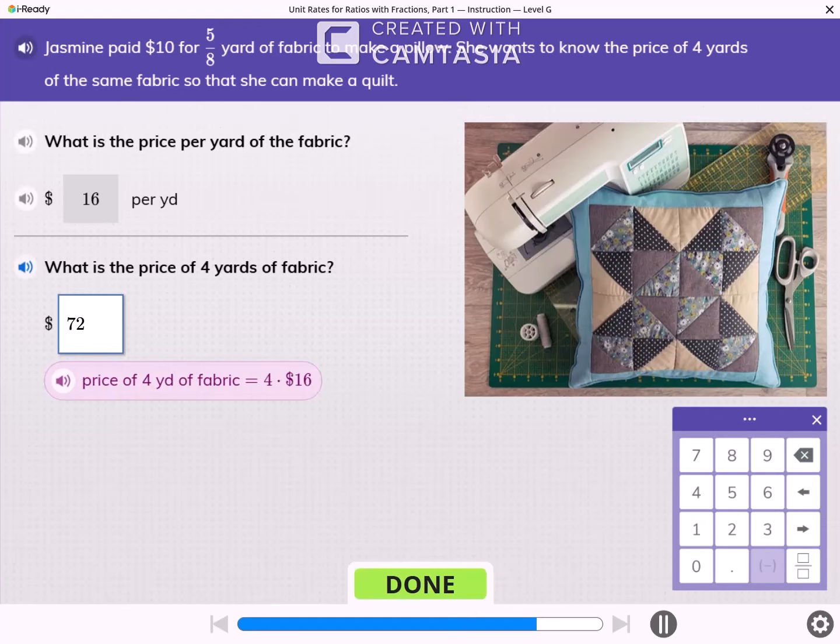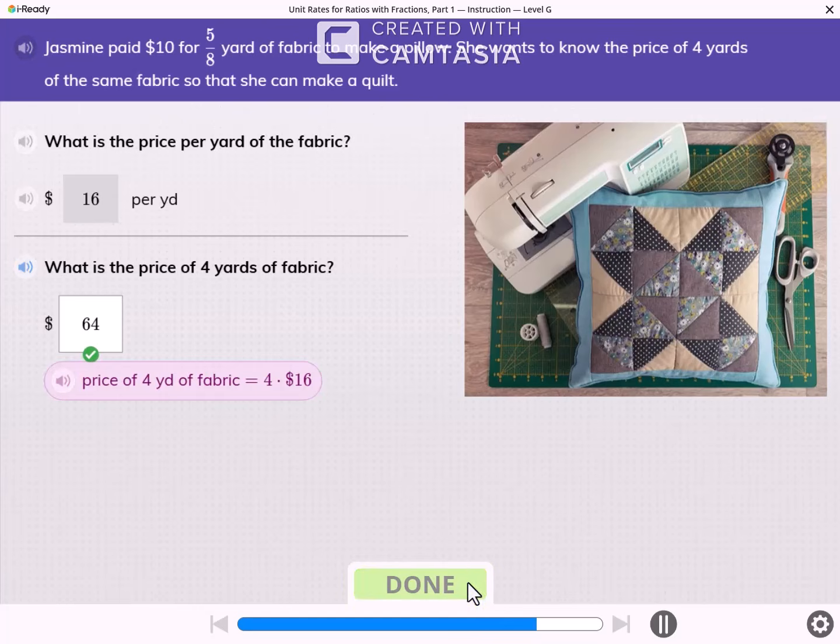Exactly. Wait, no. Wait, it says 4. My bad. So that's $64. That's it.